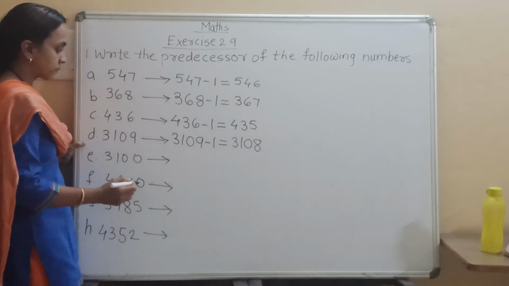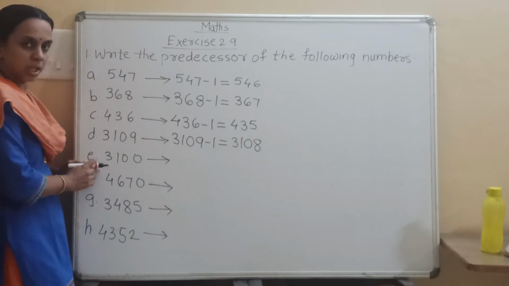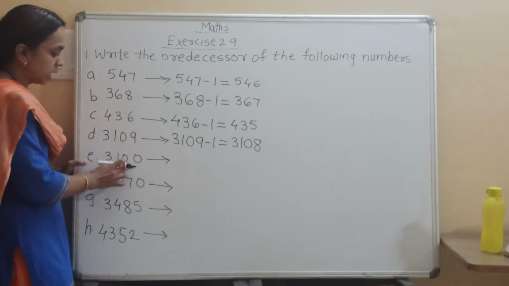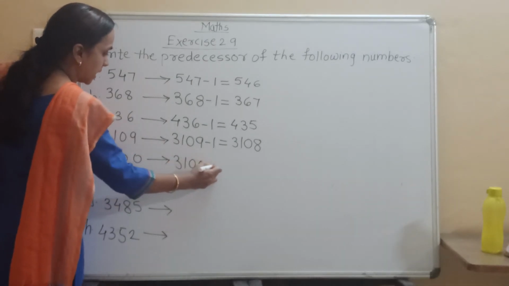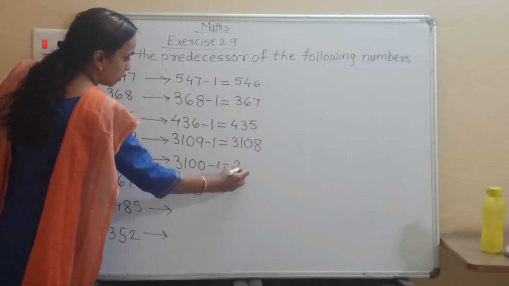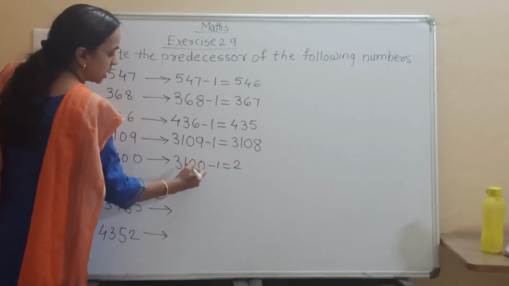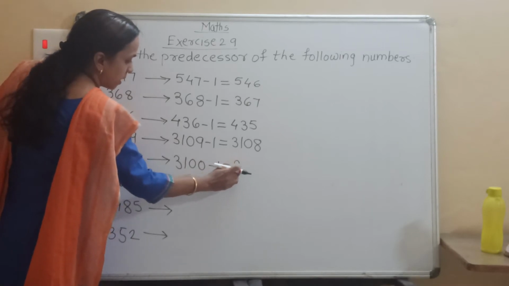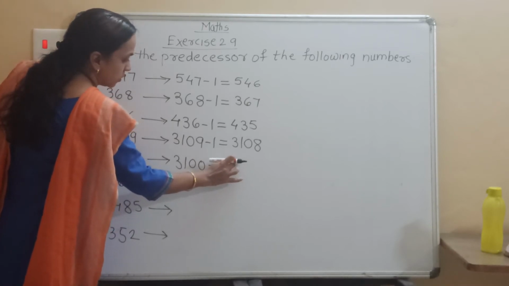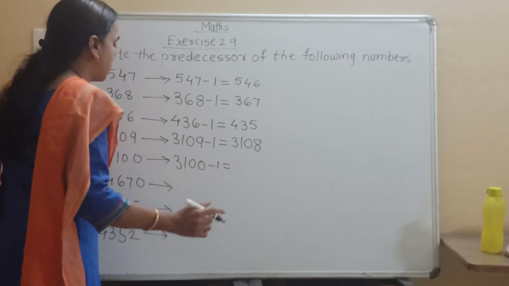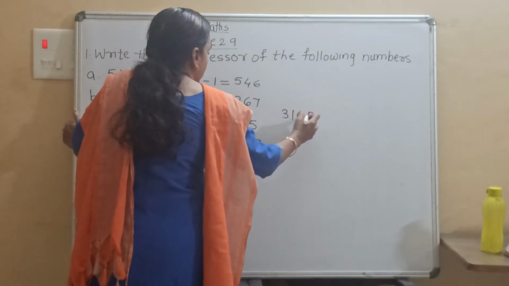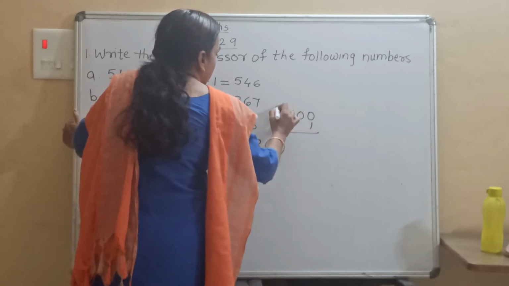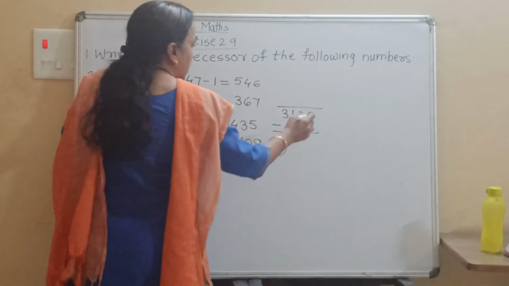So the predecessor of 3109 is 3109 minus 1 equal to 3108. Okay. Now see the next one, 3100. So 3100 minus 1 equal to, we can do subtraction here. 0 minus 1 not possible.